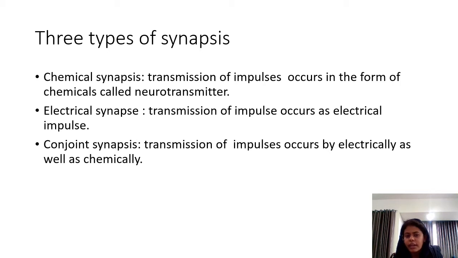If such a transmission should occur, then there should be a close contact between the post and presynaptic neuron membranes. Then only electrical synapses are possible, if these two membranes are in close contact. And conjoined synapses, here the transmission of impulse occurs electrically as well as chemically. Both ways are possible in conjoined synapses.